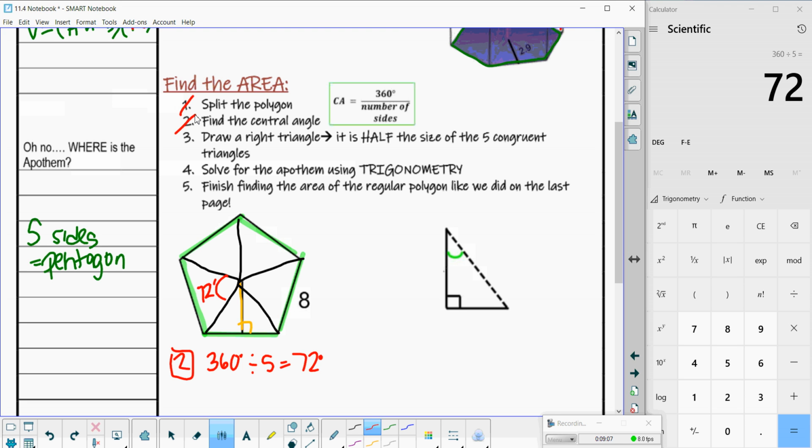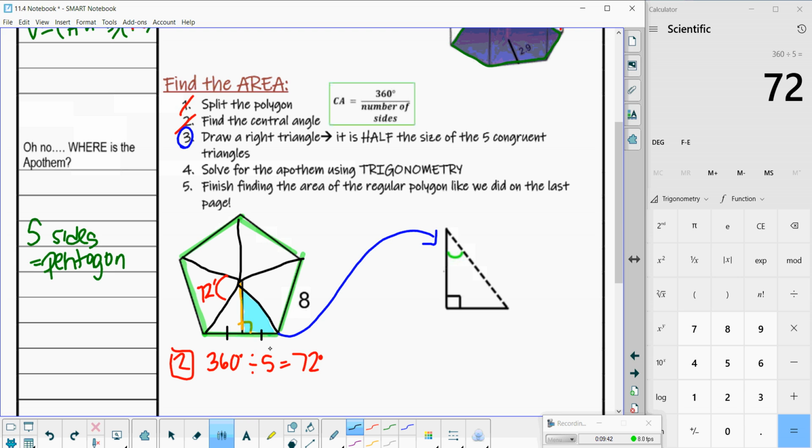So now we need to draw the right triangle. It is half the size of the 5 congruent triangles. So step 3 is I'm taking this little triangle here. I'm going to highlight it in blue. Okay. And I'm taking it and I'm going to redraw it. So take it out to draw this, okay? And so I need to find its parts. I know this entire side is 8, but I also know that the apothem splits it in half.